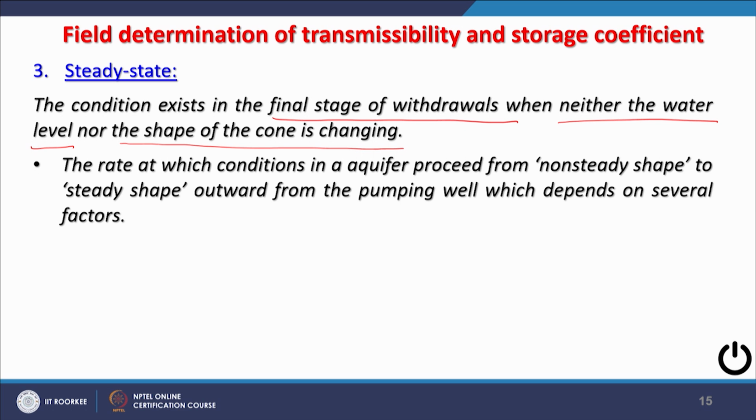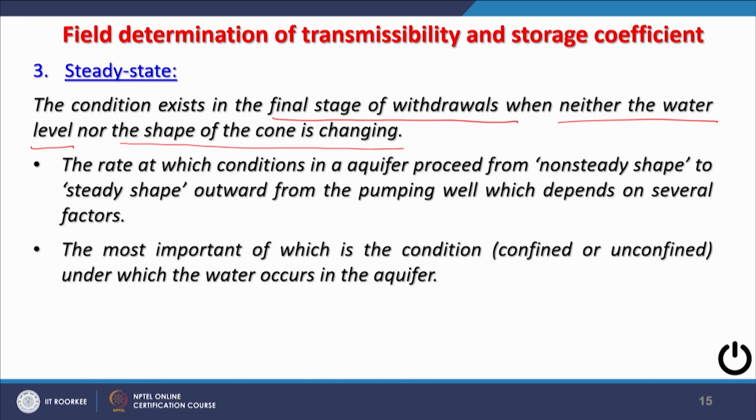Now, proceeding from non-steady state to steady state outward from the pumping well will depend on several factors. Which are those factors? The most important of these is the confined or unconfined aquifer condition. Whether we will achieve steady state or not will depend on this important factor, which affects everything here.